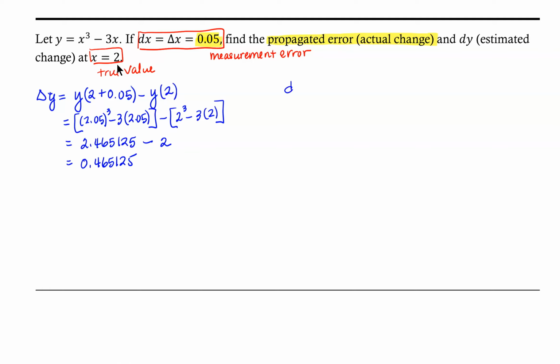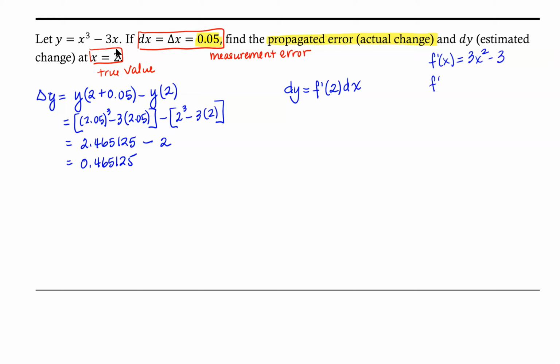Okay, so then dy is equal to f prime at our true value, which is 2, times dx. And so we need to know what f prime of 2 is. So first of all, f prime of x is equal to the derivative of x cubed minus 3x. So that would be 3x squared minus 3.